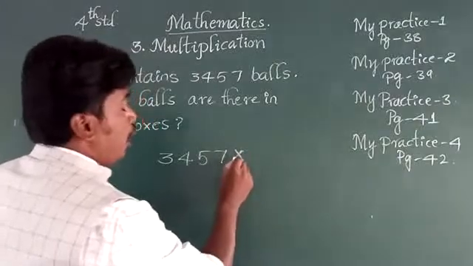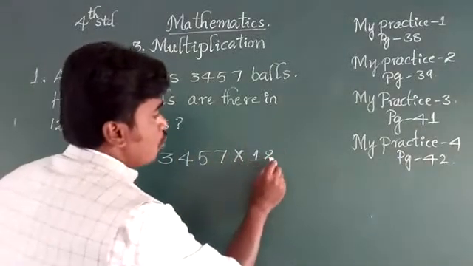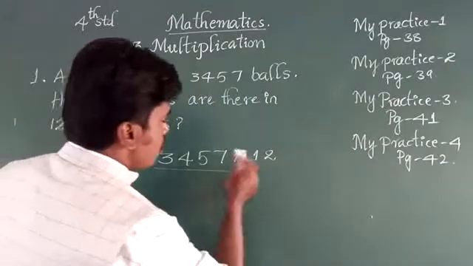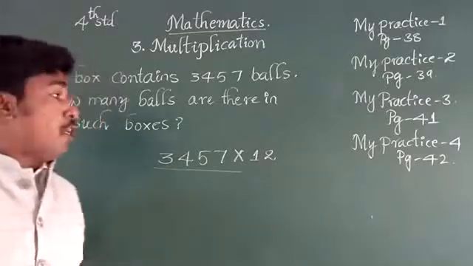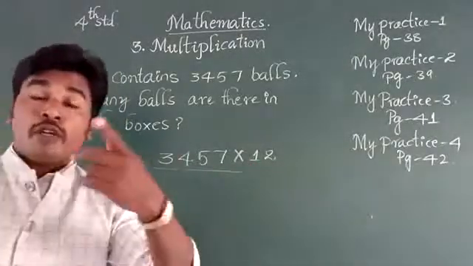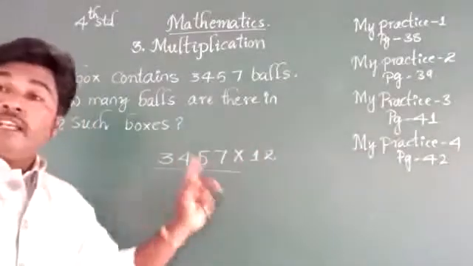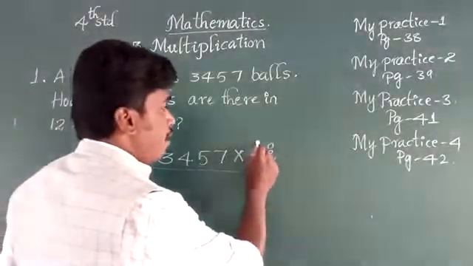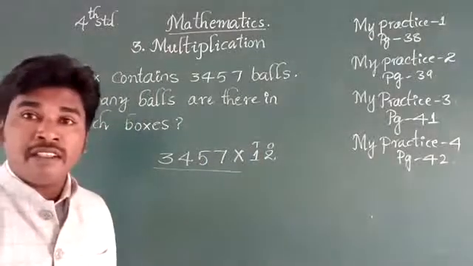To find out how many balls are there in 12 boxes, multiply with 12. So dear students, you just multiply. If you know the multiplication table of 12, you can do it directly, or otherwise you split the number into ones place and tens place and multiply and add it, then you will get the answer.